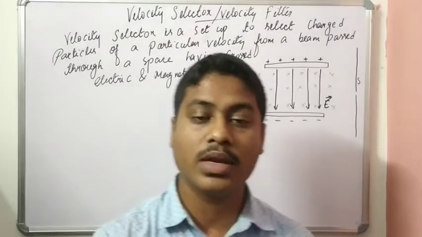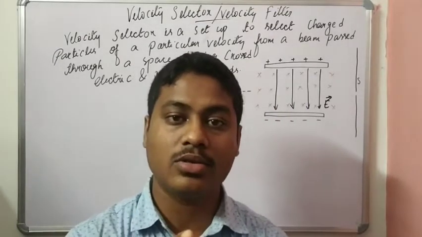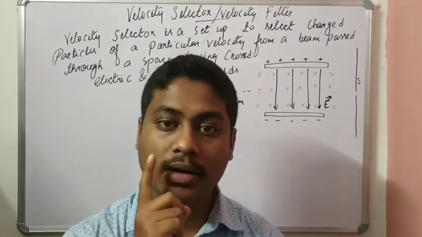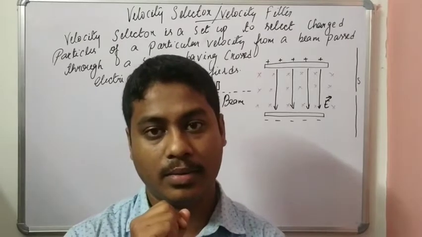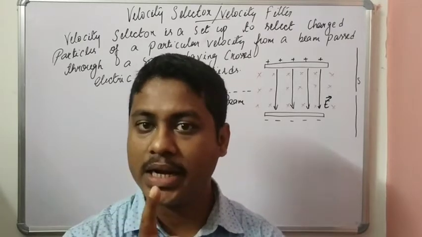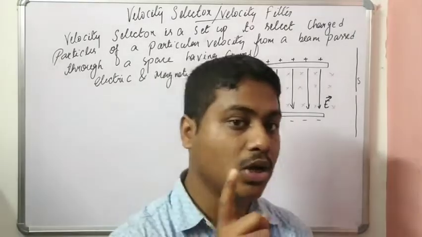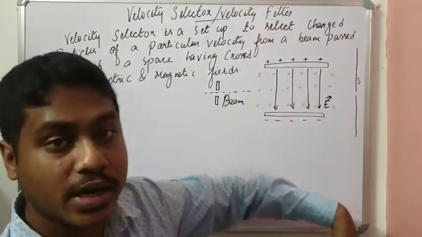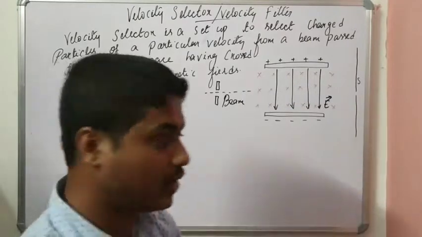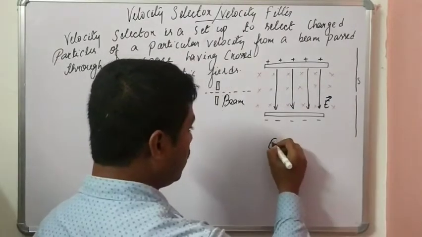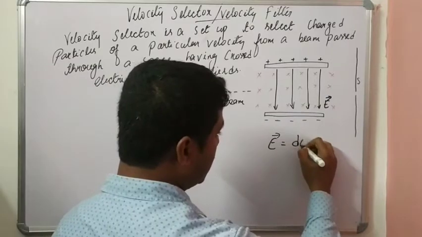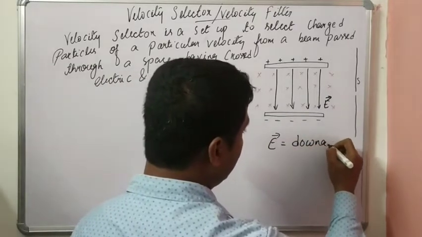We know that a positively charged particle always tries to move in the direction of the electric field. So the electric field will make the positively charged particle move in the downward direction.